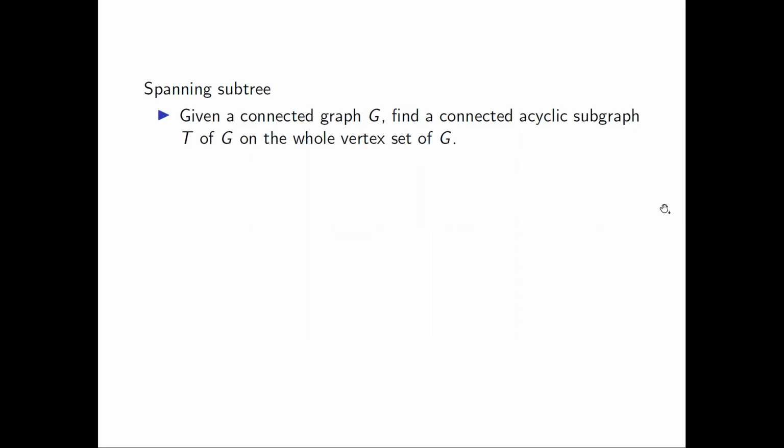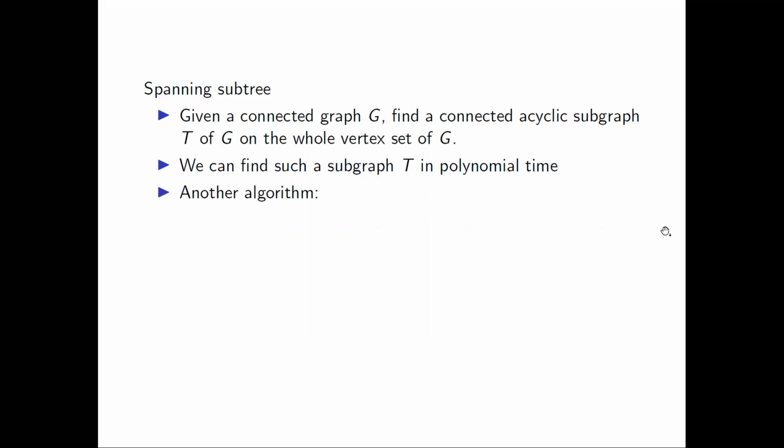It's going to start disconnected, and it's going to start with all the vertices too. So we're not going to be adding vertices. We'll have all of them from the beginning. We'll only be adding edges. And it'll still give us a way to find a spanning subtree T in polynomial time.